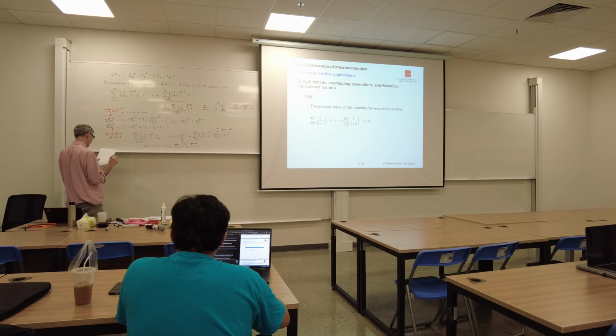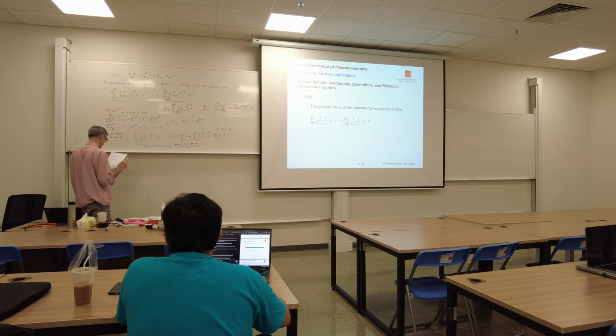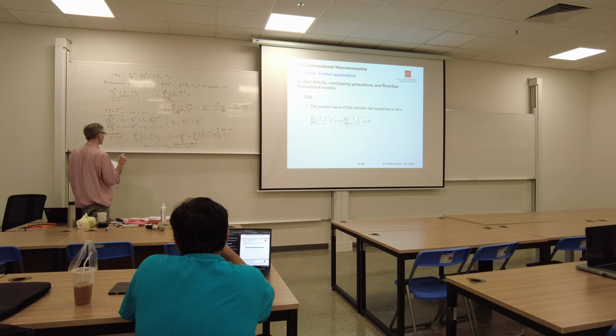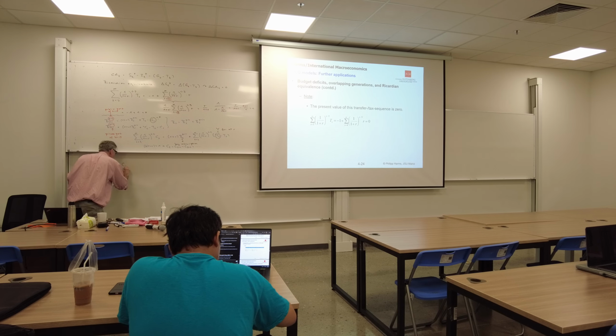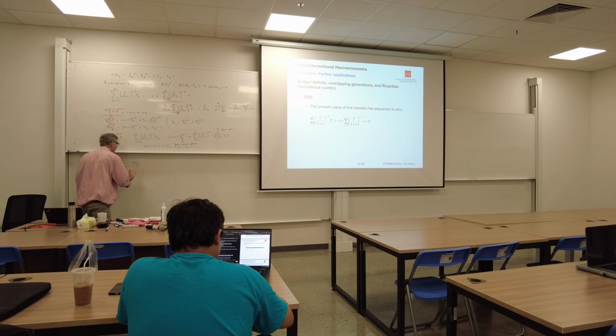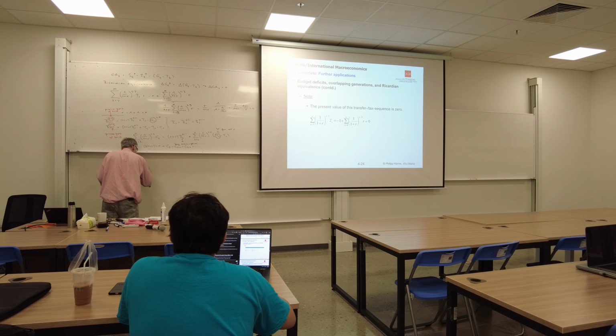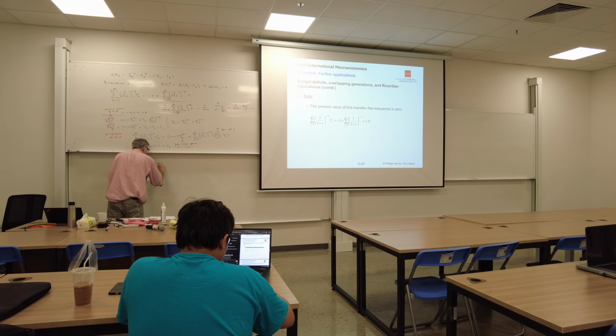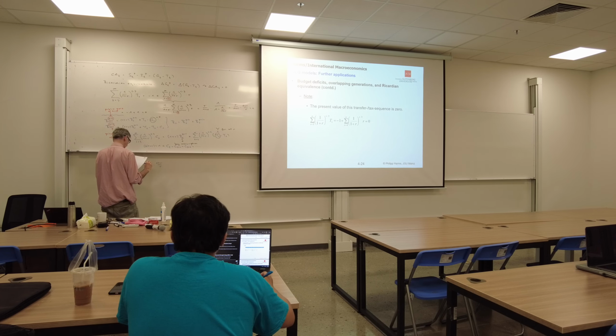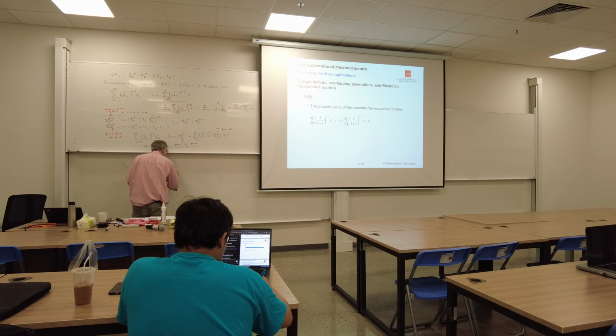And so what we get finally is c_t times (1 plus r) over r, right? We're just moving this out of here, equals y times (1 plus r) over r minus the sequence of taxes and transfers.